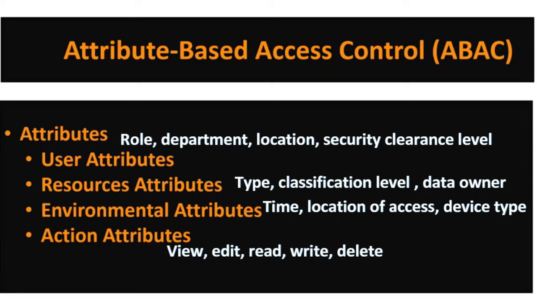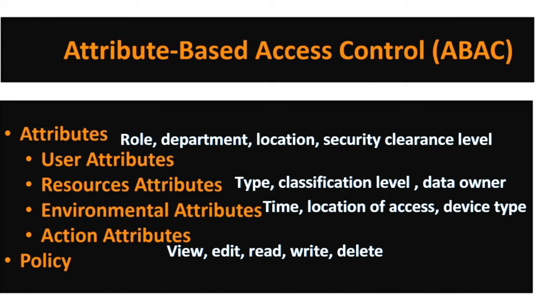The next key component of ABAC is a policy. So policies are logical rules that define access permissions based on attribute conditions. Suppose I might create a policy saying only employees in the audit department with a security clearance of high can access confidential documents from a corporate laptop during business hours.